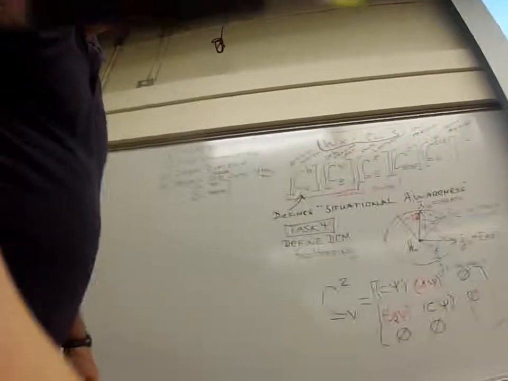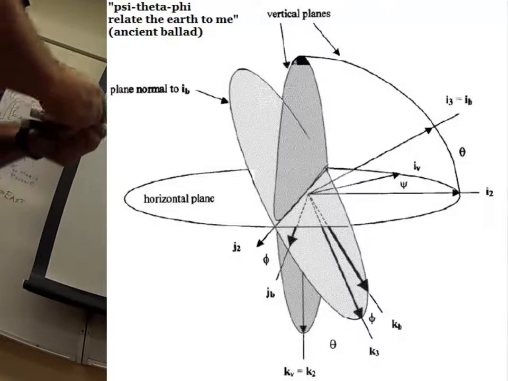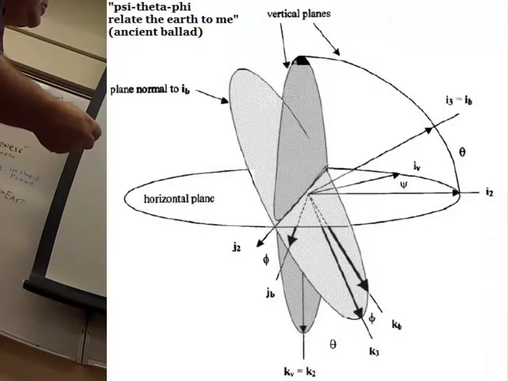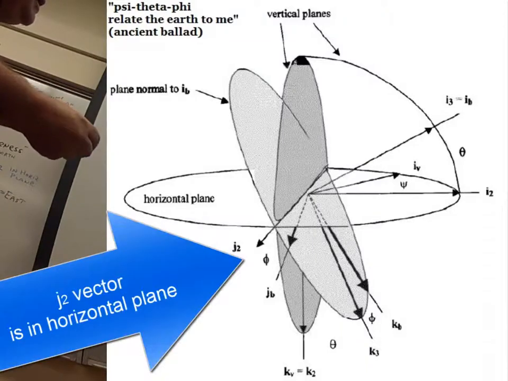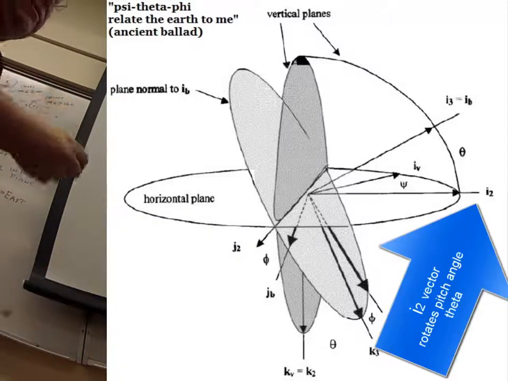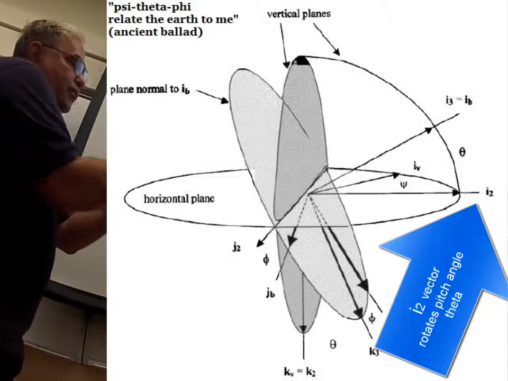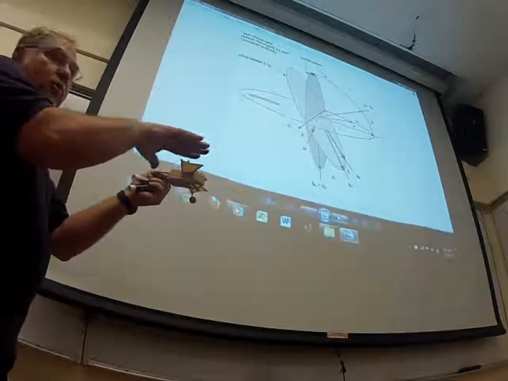So over here, again, after you define the 2 system, you'll rotate about the J2 vector, and the I2 axis will rotate up angle theta and become the IV vector, like so. So the airplane, from its heading position, will rotate about its right wing right now, because it's in the horizontal plane.